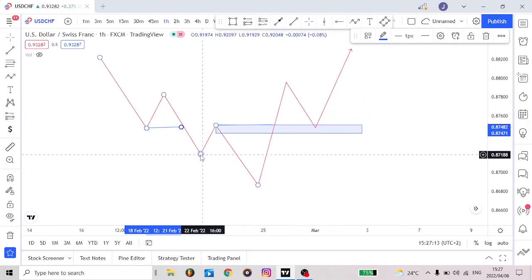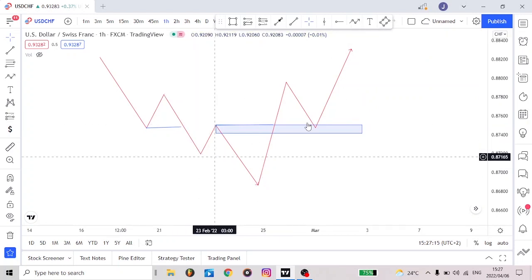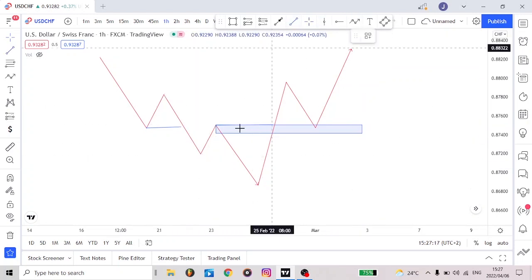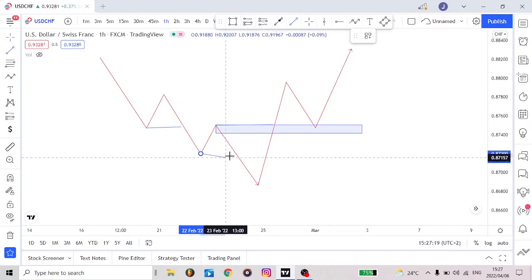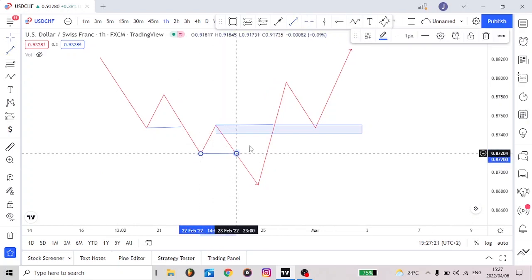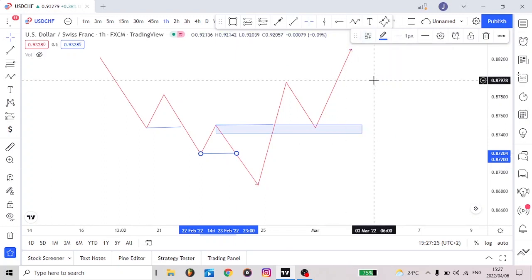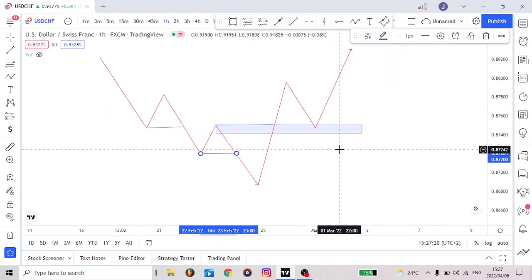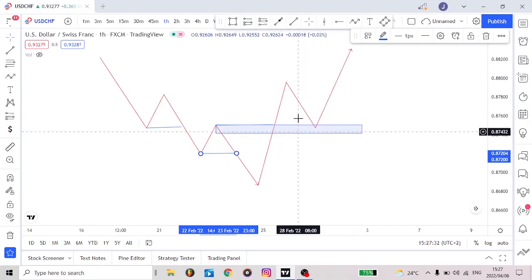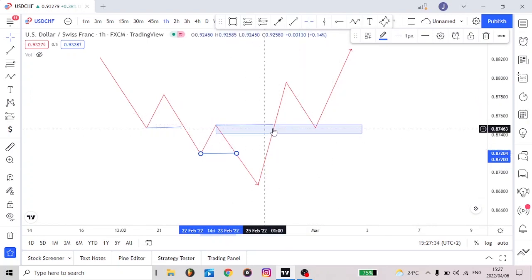This here indicates the downward trend. This here indicates the downward trend. And this part here, this break to the upside, indicates a change of character.